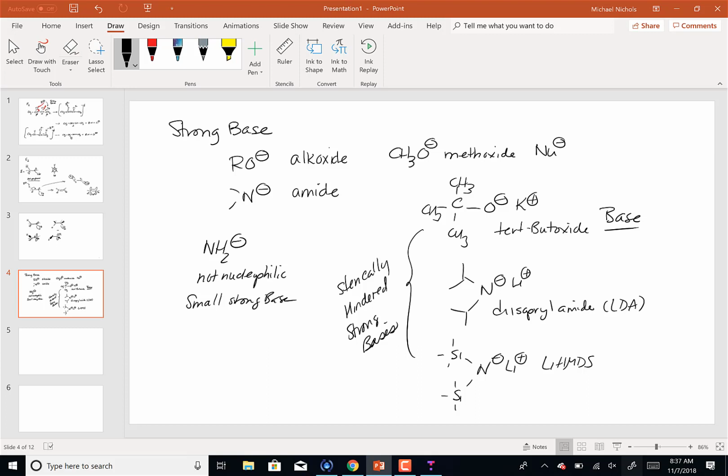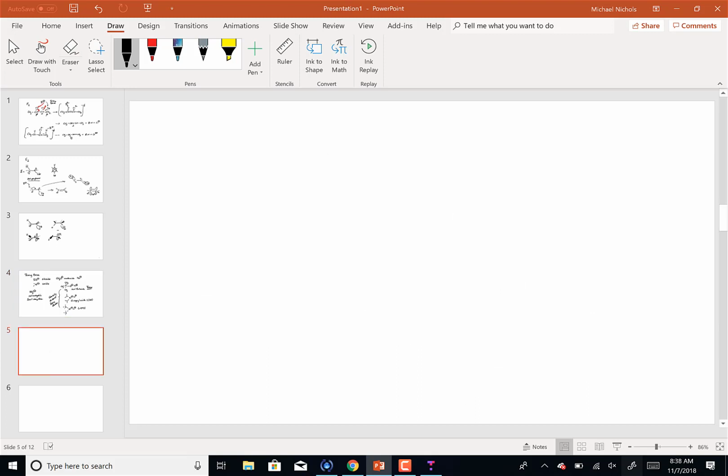You just have to accept that amide will be protonated and has no real intention of doing substitution. So now let's go back to my original problem. My original problem was that I was taking 2-chlorobutane, doing an E2 on it to form these two products.